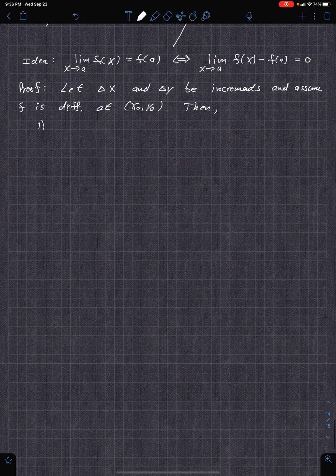One, delta z is equal to, by definition, f of x naught plus delta x, y naught plus delta y, minus f of x naught, y naught.